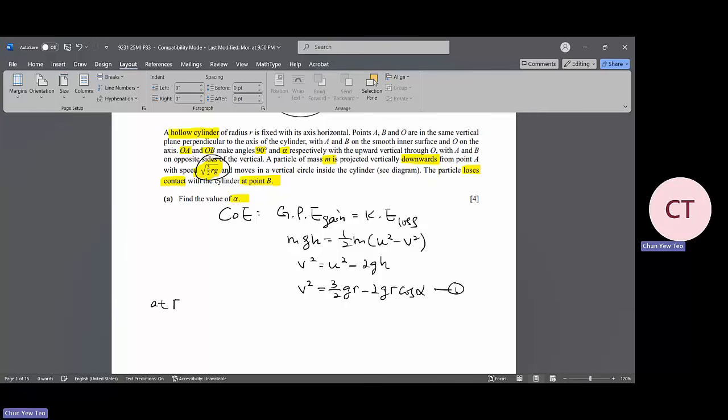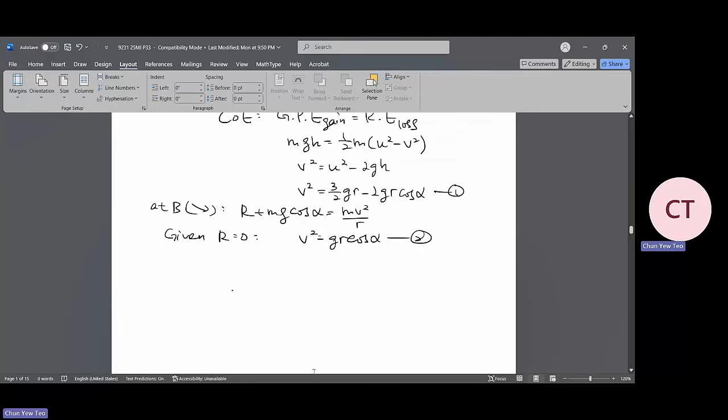And at point B, if you resolve the forces to the center, you will get R plus mg cos alpha equal to mv square over R. Given R equal to 0, lost contact. So that means v square is equal to gr cos alpha. That will be your second equation. Let equation 1 equal equation 2.